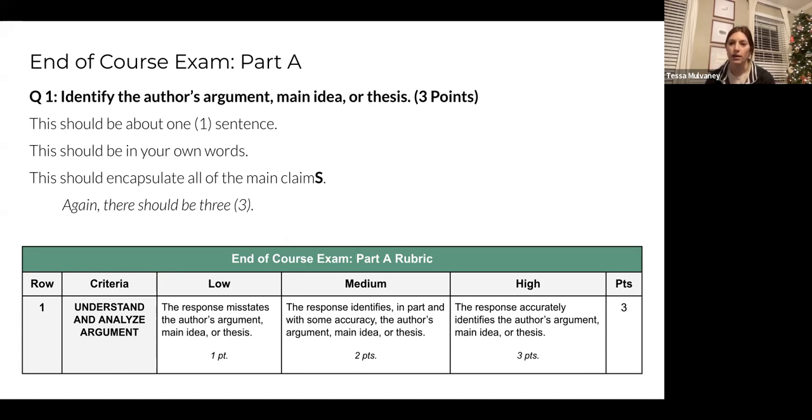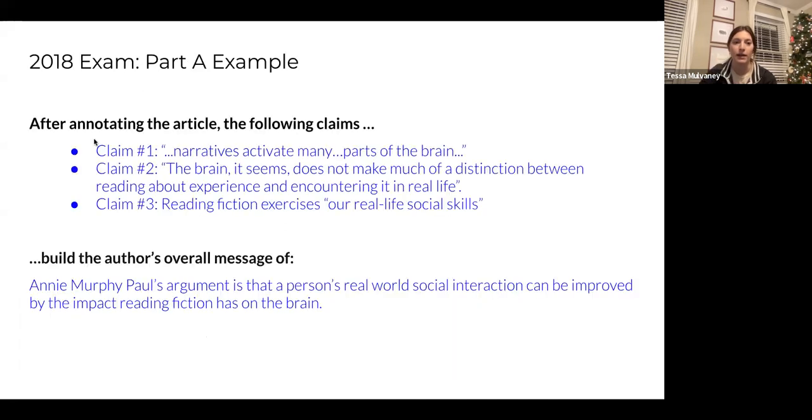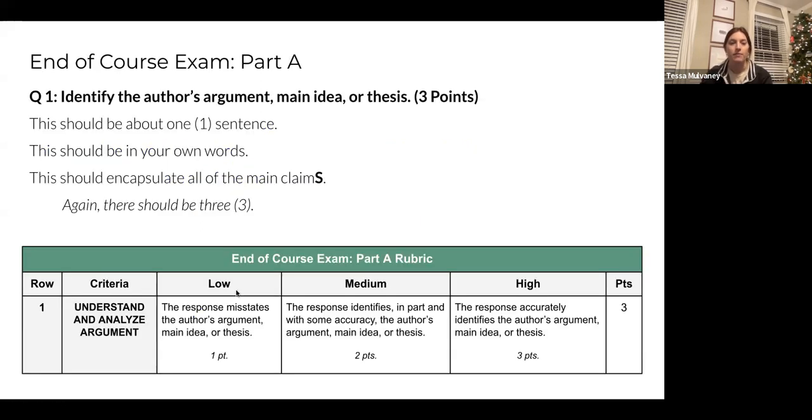Should also use the author's name in the sentence. So if we look back at this example, Annie Murphy Paul's argument is that. For the 2019 exam that you'll be reading in a minute, I believe the last name is Levine. I can't remember their first name, if it's male or female right now, but you would say, so-and-so Levine's argument is whatever you and your group come up with today.